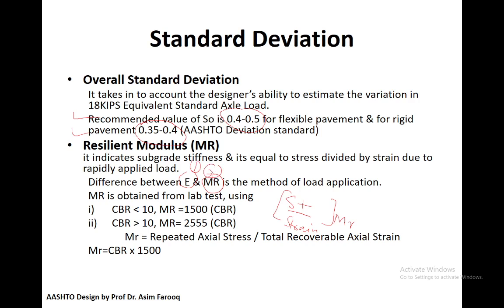So if we have different conditions, such as if the CBR value, California bearing ratio, is less than 10, then we use the factor of 1500 and multiply it with CBR. But if the CBR is less than 1000, then we use 2555, and so on.